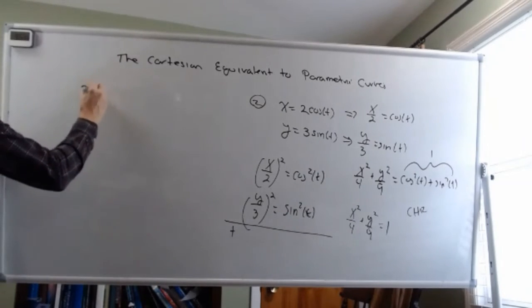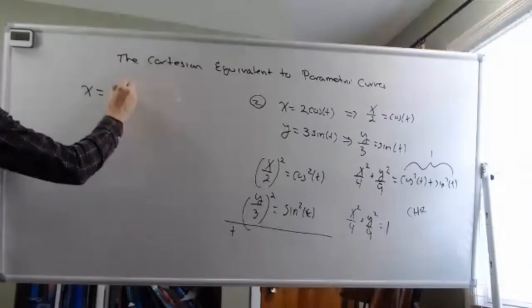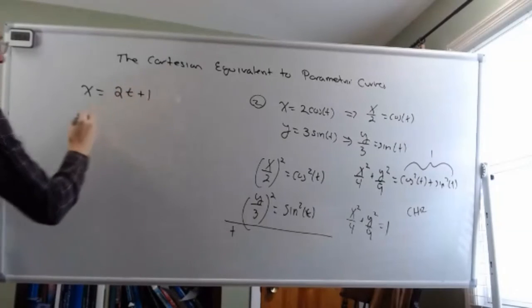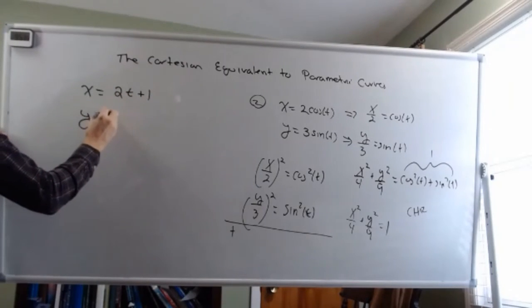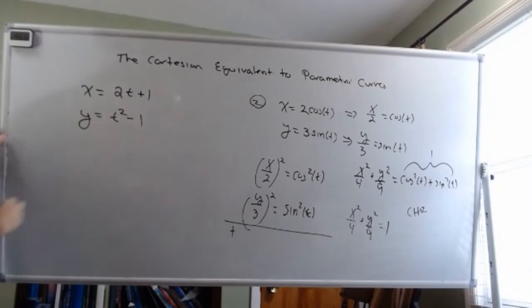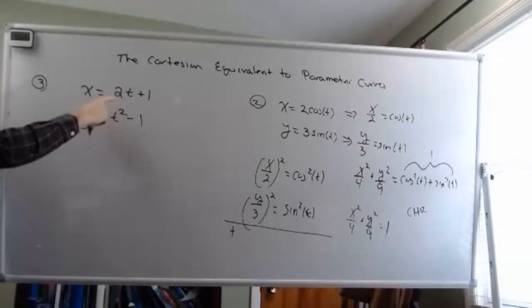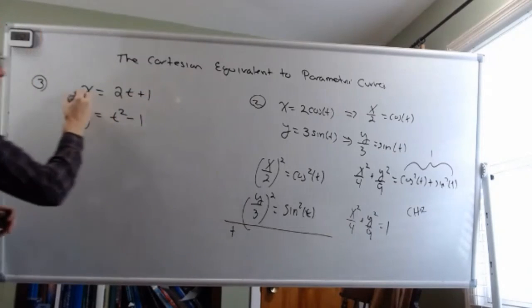So say x is equal to 2t plus 1 and y is equal to, say, t squared minus 1. Can I combine them in some way to eliminate t? Now, what is the approach? Well, I can take one of these and solve for t and replace it in the other one. That's always one of the objectives.